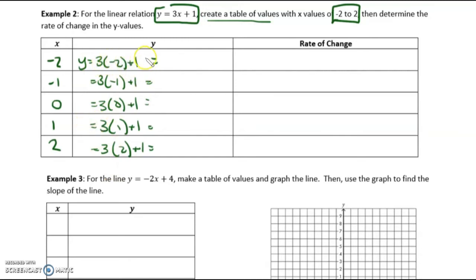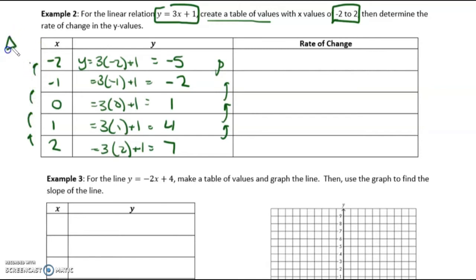Now we actually have to calculate. Negative 6 plus 1 is -5, negative 3 plus 1 is -2, 0 plus 1 is 1, 3 plus 1 is 4, and then 6 plus 1 is 7. For the rate of change, we're looking to go up this column. We see that the difference between the x's is 1.